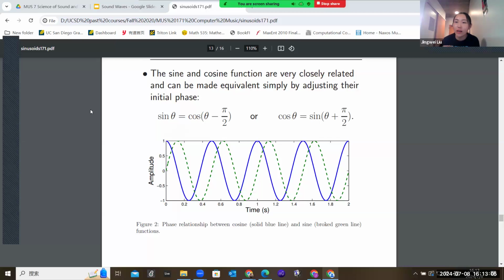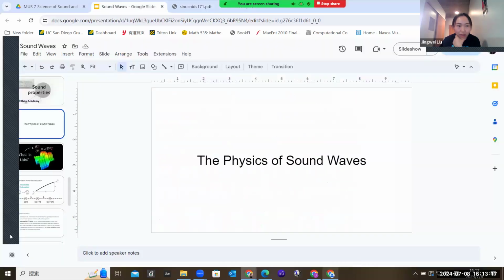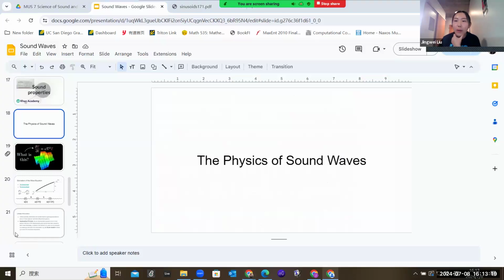The real sound in nature is never a pure tone. It's more complex. So I will finish this here, and I hope this recap can give you a better understanding of the numerical relationships of the quantities.